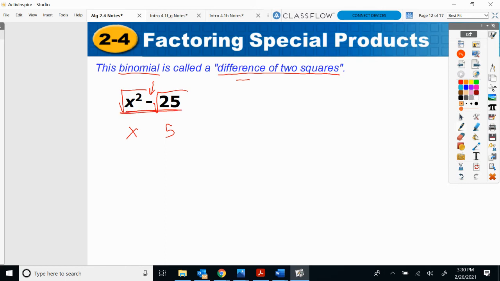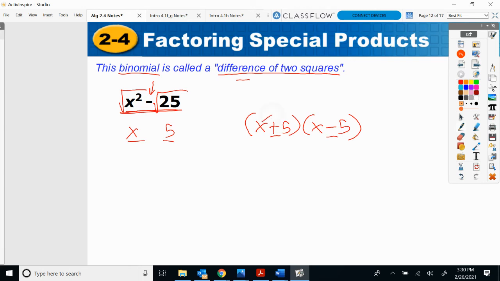And here's what happened. Like we worked in the very beginning of this lesson 2.4, we're going to take both of these and put them together. One binomial is going to be x plus 5, and the other binomial is going to be x minus 5. So they're almost identical, but one is addition, the other one is subtraction.